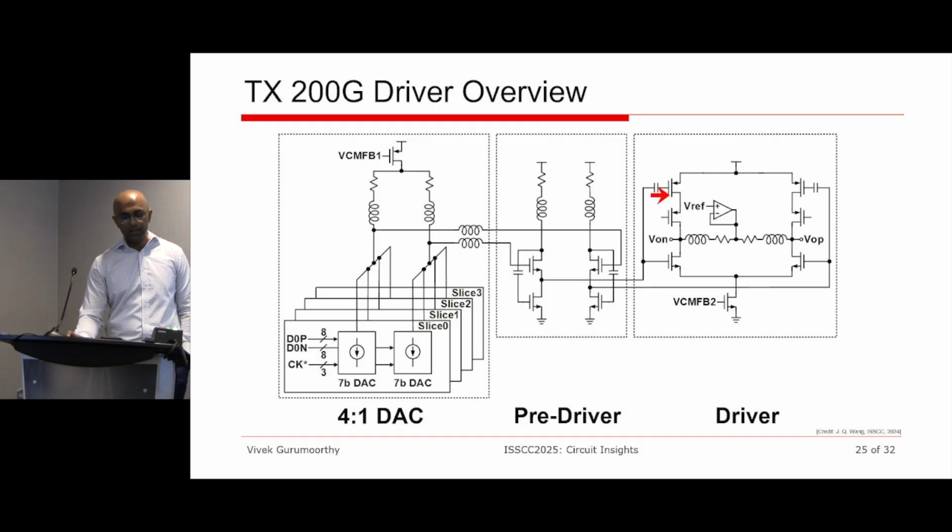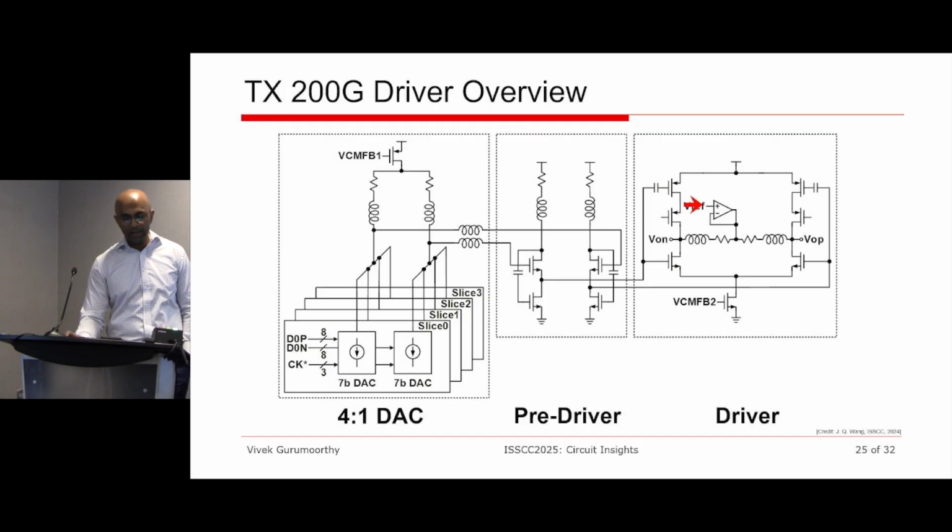The output stage, if you simplify this and eliminate this transistor, is just like an inverter, right? Like I keep saying, the higher speeds you go, the simpler the circuits get. We call this a push-pull stage with an NMOS input, and it's also AC coupled to a PMOS input.